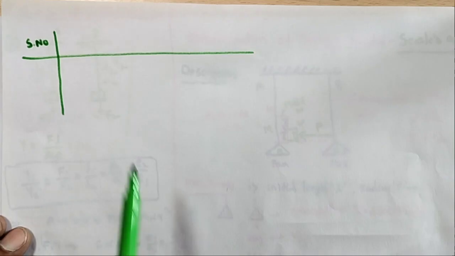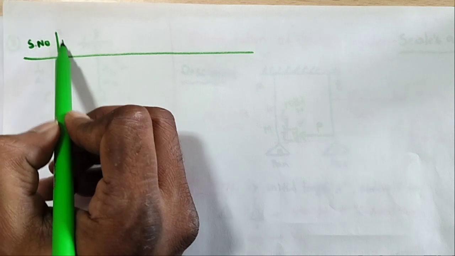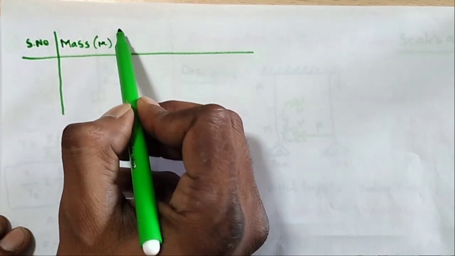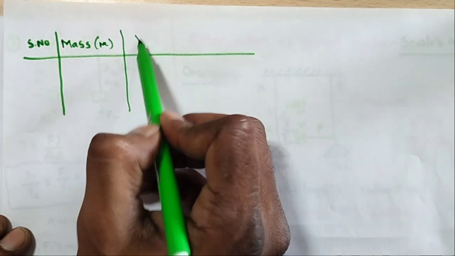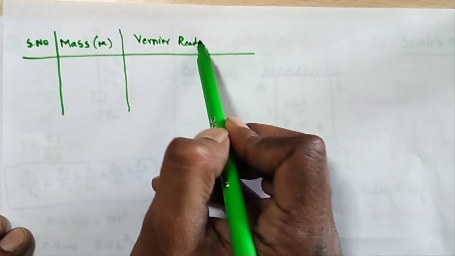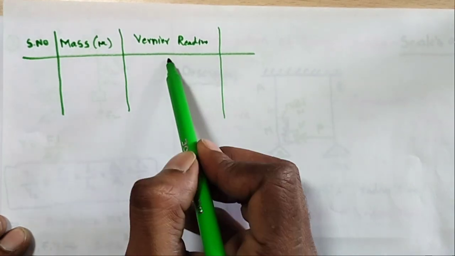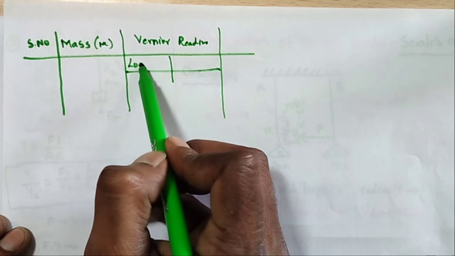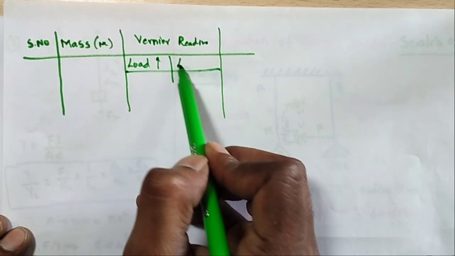After that, here I am taking the serial number, then the mass, capital M, and the vernier reading. In the vernier reading, I am taking two boxes. One is load increasing, another is load decreasing.